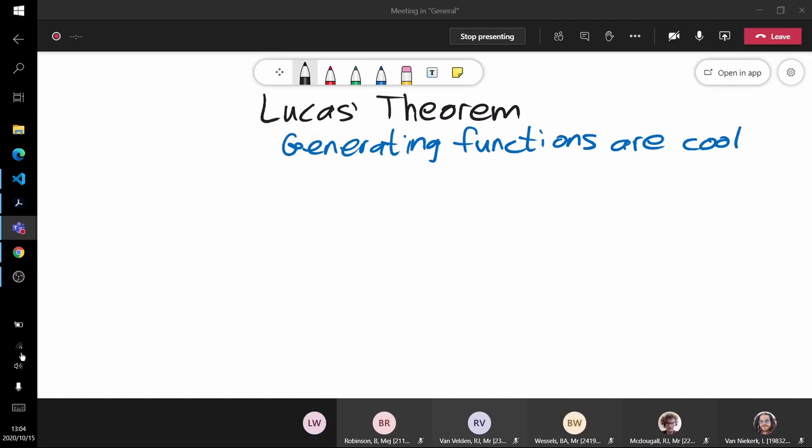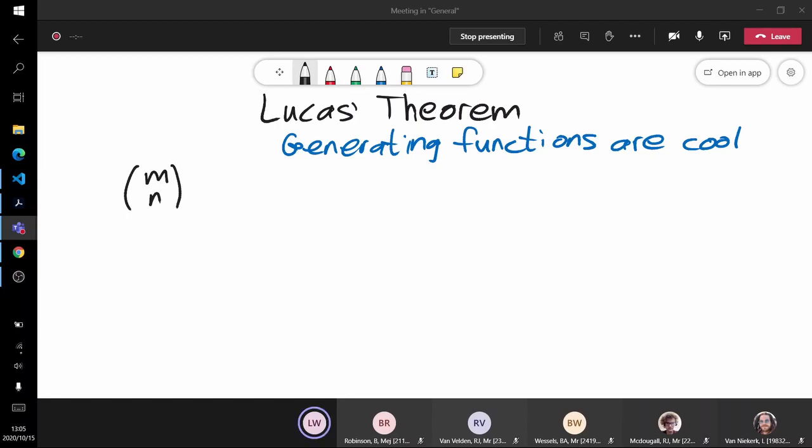Before we get to that, I'll give a quick reminder of some modular arithmetic and some binomial coefficients. You should hopefully know this, so I'm going to speed through it very quickly. You should remember that there are these binomial coefficients.